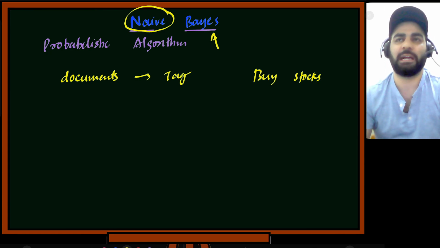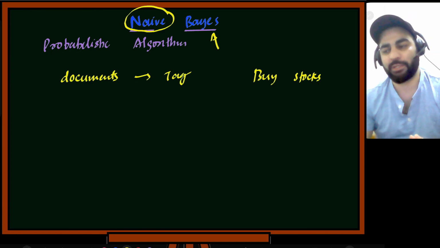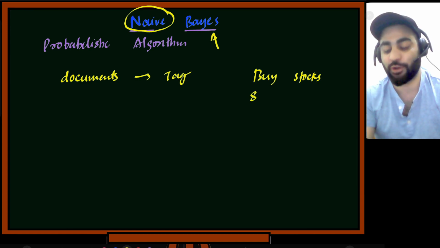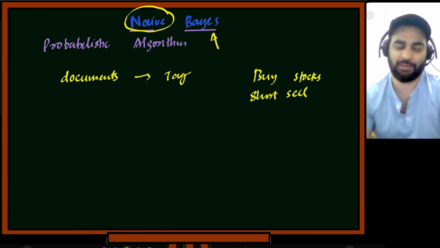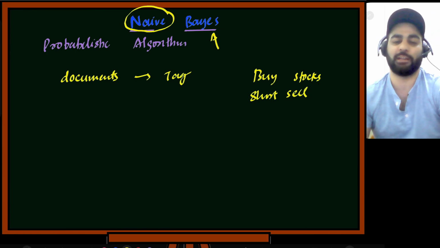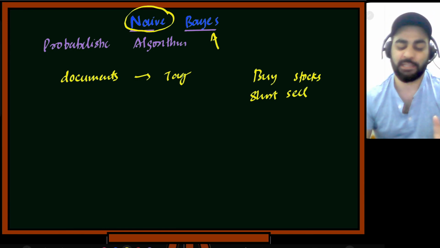But if the market is perceiving it negatively, they will short sell the stocks. This way they can earn millions of dollars. So they are using these classification techniques.